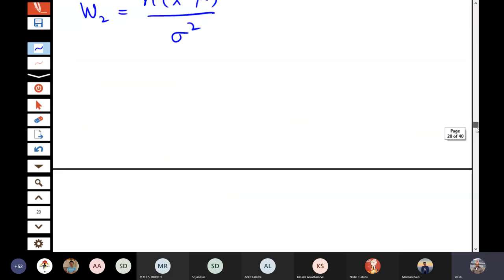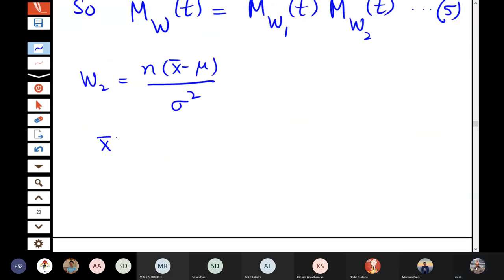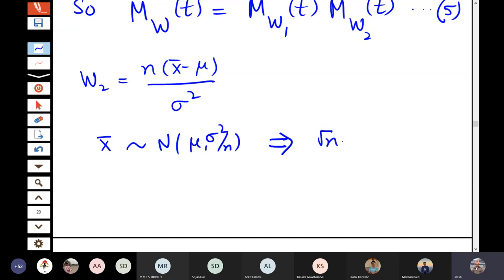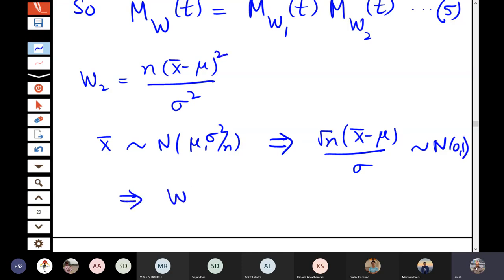We have x bar following normal mu, sigma square by n. So this implies that square root n (x bar minus mu) by sigma follows normal 0, 1. So this is a square here. So W2, because that is the square of this, will follow the chi-square 1 distribution.